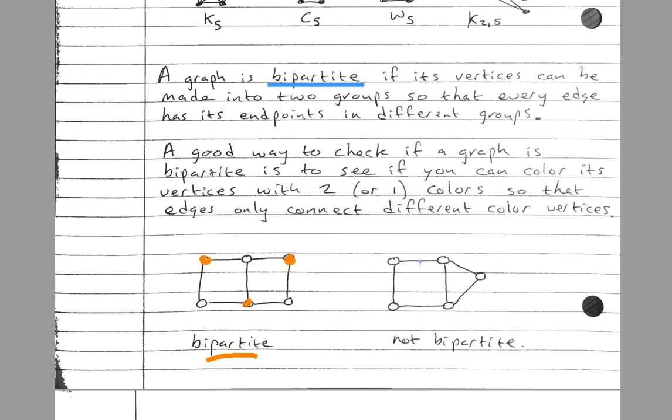If we try to do the same thing here, so what goes wrong? Yeah, so looking at this square, we have to do it like this, but then there's a problem. Now this vertex is connected to a white and an orange, so it has to be a 3rd color. Yeah, so anytime you have a triangle, it's not going to be bipartite.